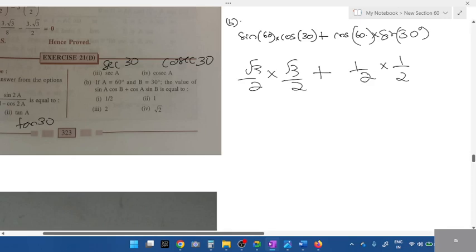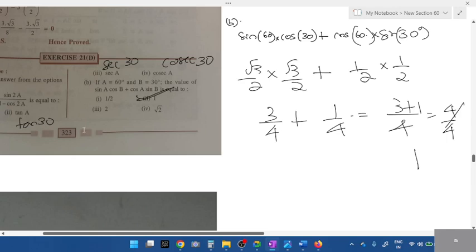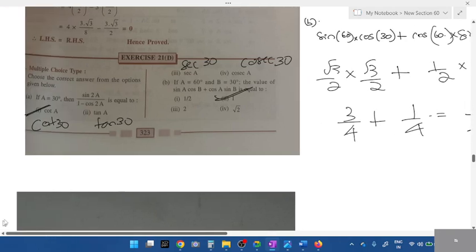Trigonometry, and there's one more, heights and distances. Now root 3 and root 3, if I multiply, 3 divided by 4 plus 1 by 4. LCM: 3 plus 1, you get 4 divided by 4. Is the answer 1? Did you all get 1? B is the answer, students. 1. What's the time? 12:27. Okay. B is the answer.